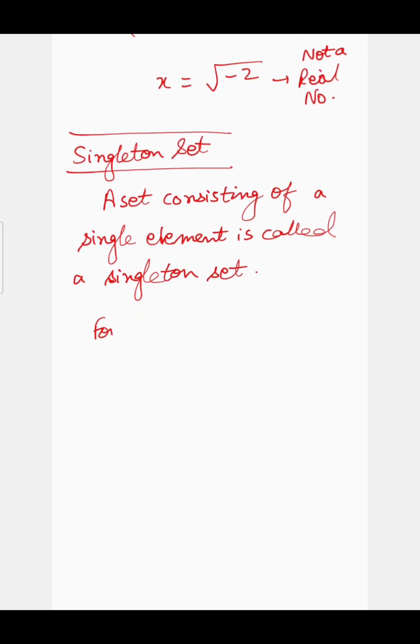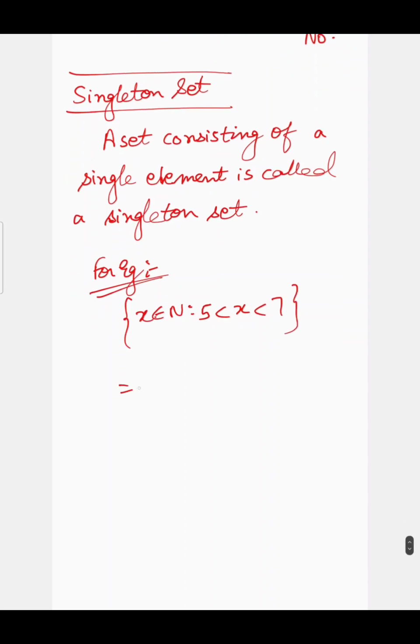For example, x belonging to natural number such that x is more than 5 and less than 7. So what will be this? Only 6.